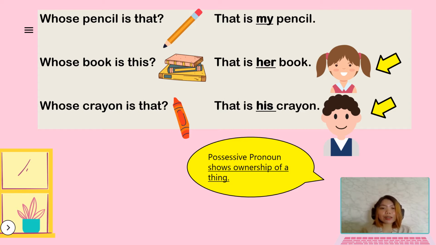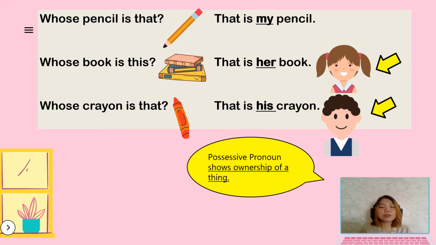Now, children, when we use the word my, it means that the owner of a thing is either the speaker or the writer. For example, I am the owner of that pencil. So I am going to say, that is my pencil, or this is my pencil.